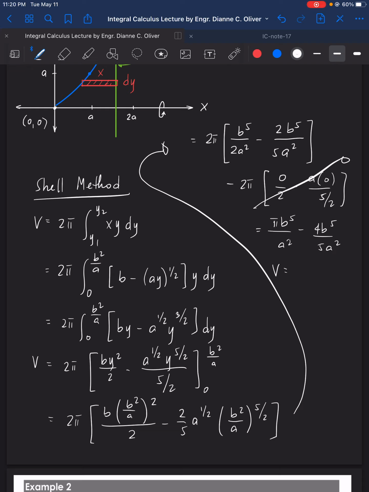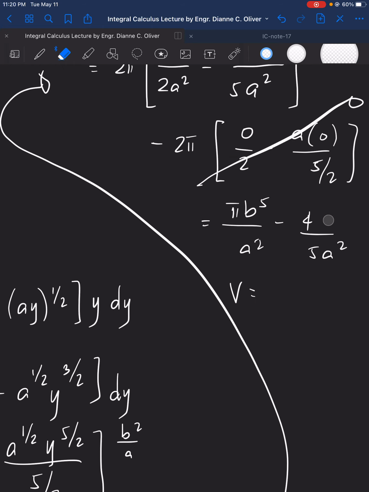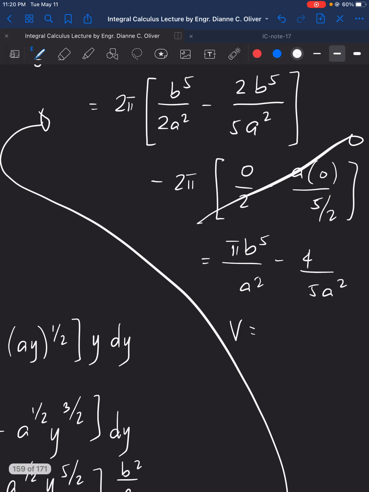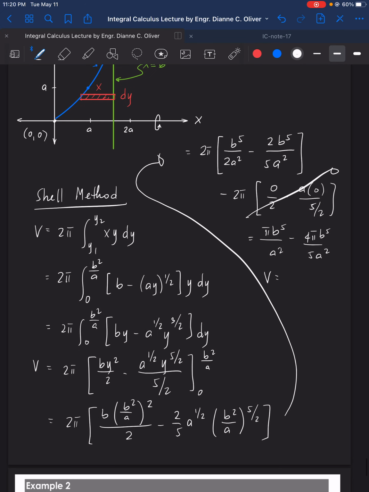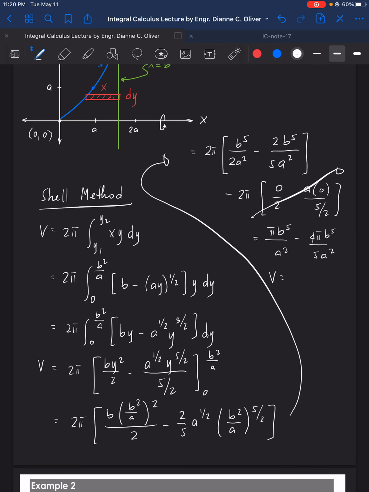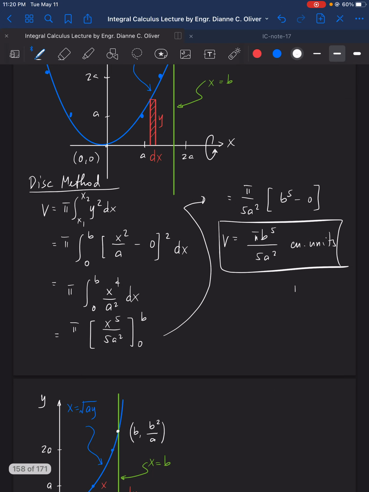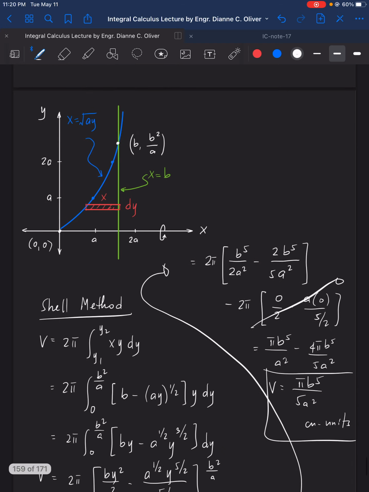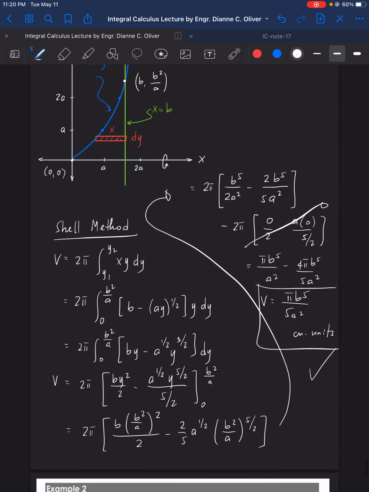So that becomes 4 pi b raised to 5. Okay. So that becomes now pi b raised to 5 all over 5a squared cubic units. This is similar with the answer for the first method. Okay, so that's for number 1.